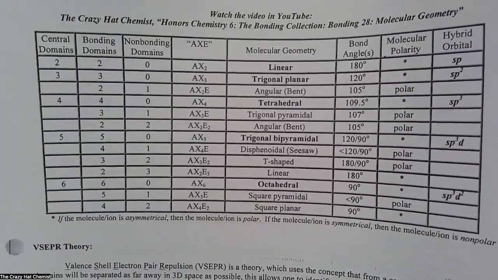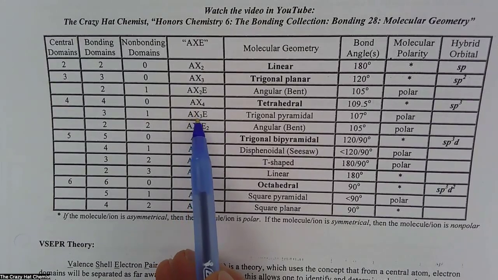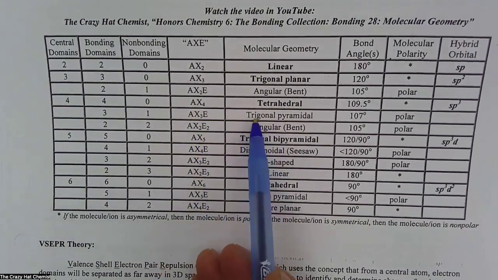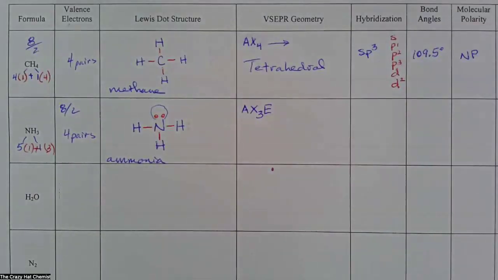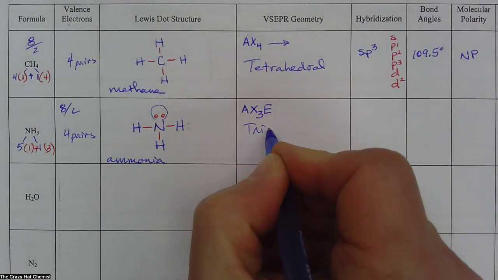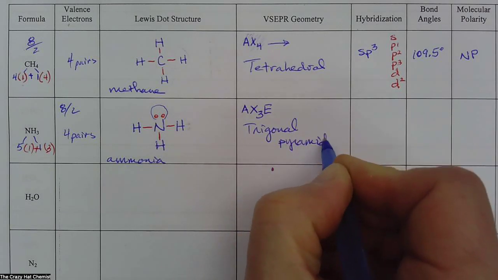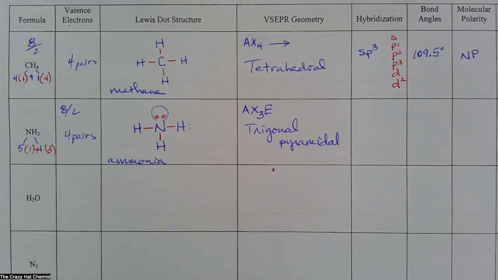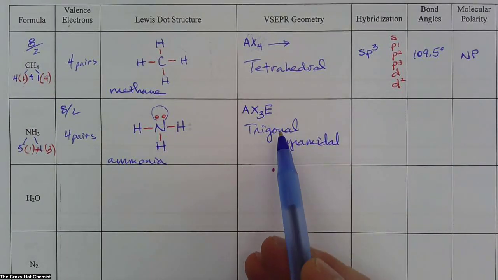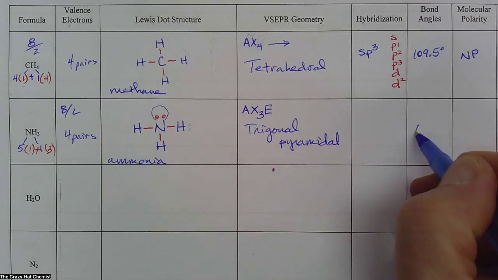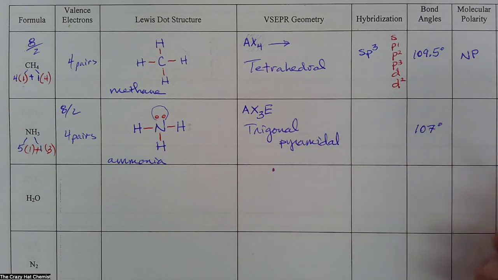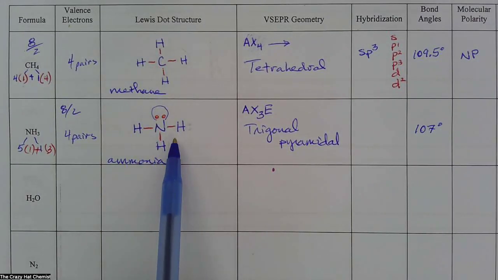And again, I'm using this table here to come up with the name of that, and that is AX3E, that is trigonal pyramidal. Okay, and in regards to the bond angle, we can get the bond angle directly from trigonal pyramidal, and that is 107 degrees. Okay, there's a really interesting issue between the methane and the ammonia and the bond angles.